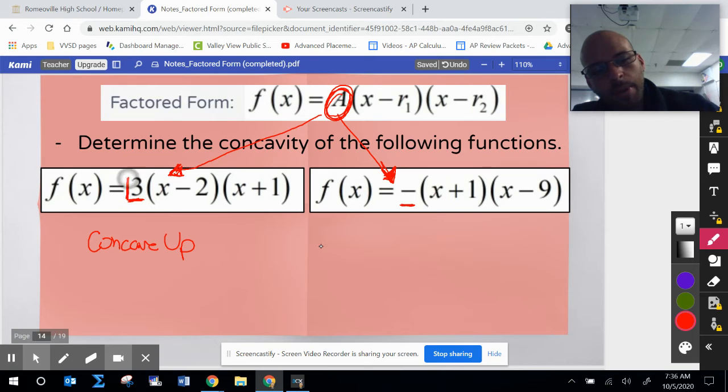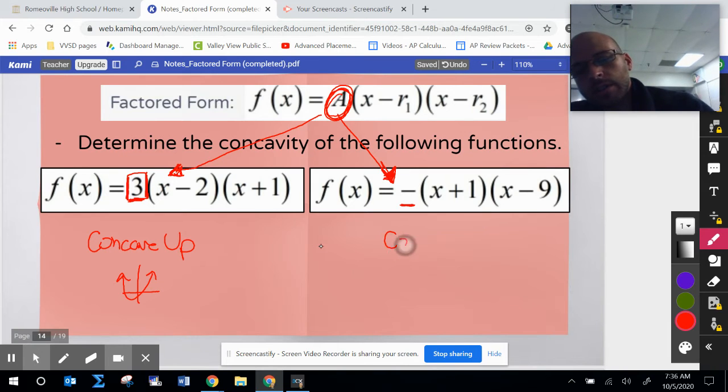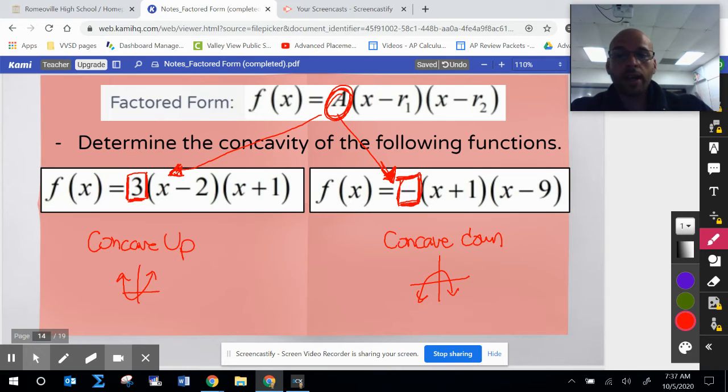Again, anytime you have a positive value, it's going to be concave up, and anytime you have a negative value, it's going to be concave down. Okay? So here, because we have a negative value out front, we know that that parabola has to open downward. So concavity works the same as all the other types of quadratic. We're looking at that leading coefficient. We're trying to determine, is it going to be positive, concave up, or negative, concave down.